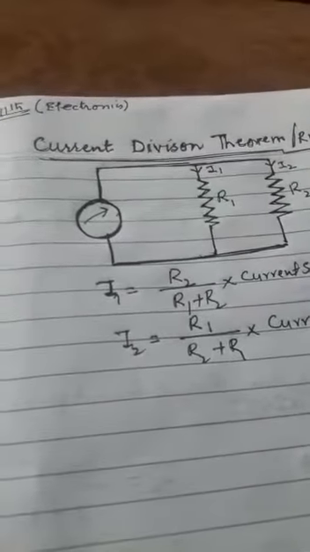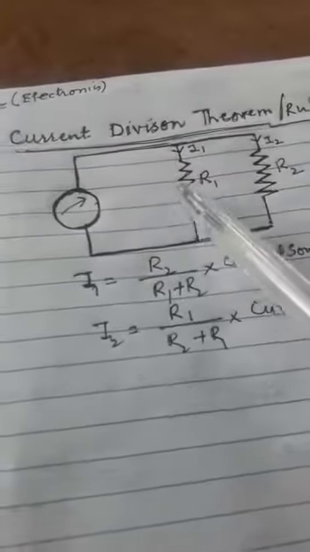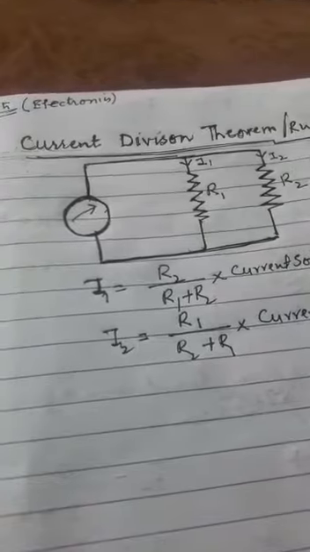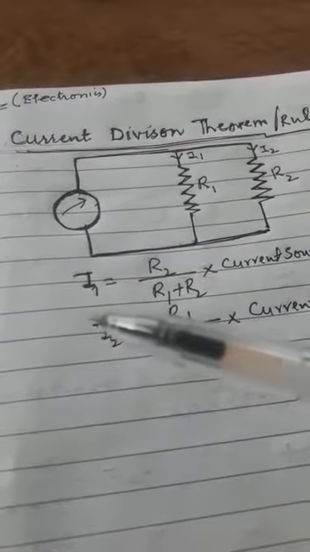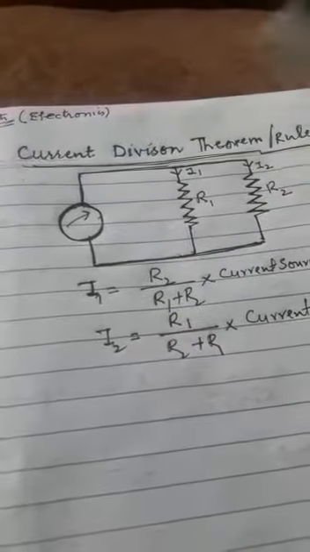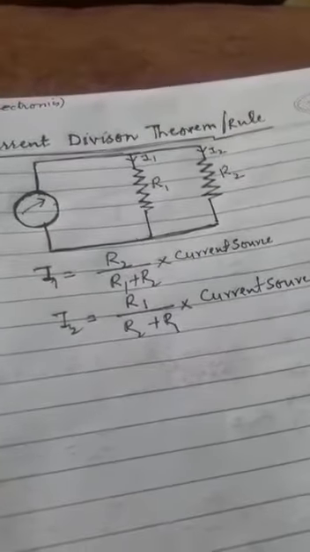You may be knowing that when we connect resistors in parallel, current is being divided. Current is being taken in divisions, that means in parts.